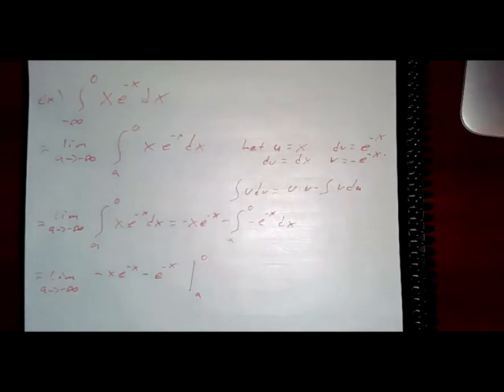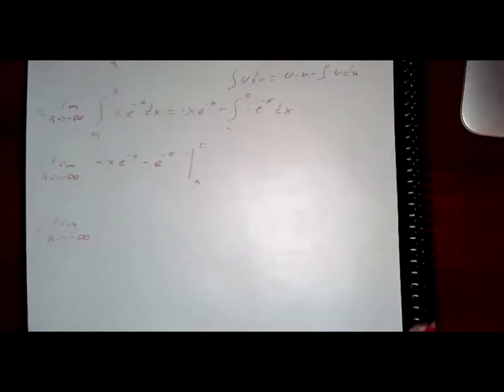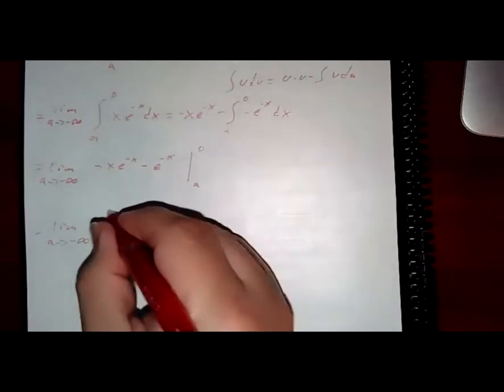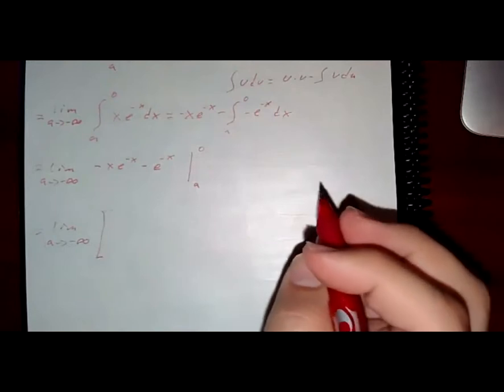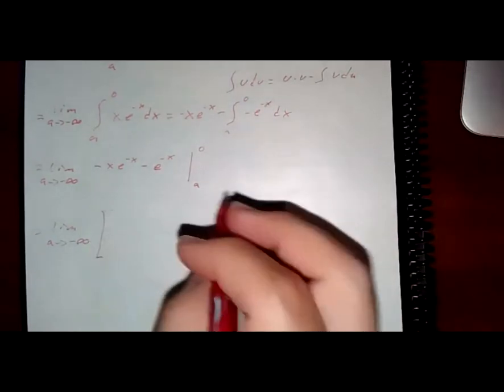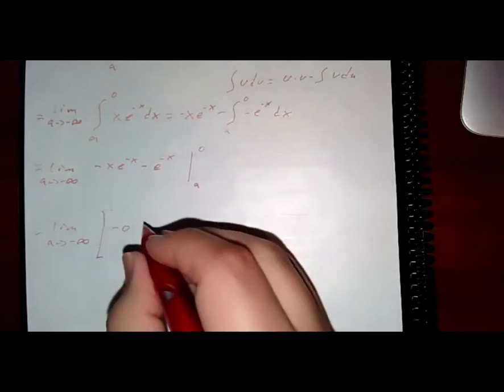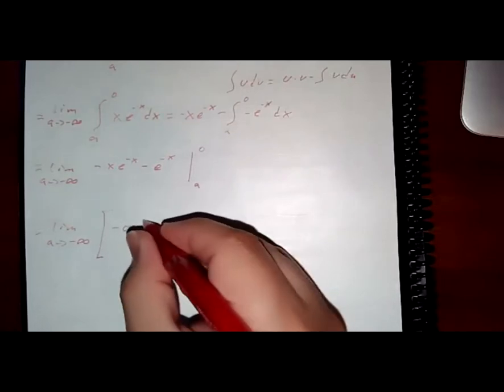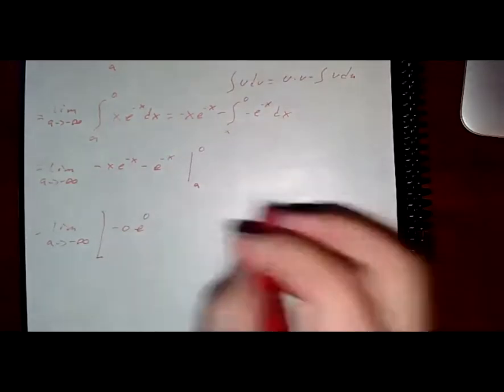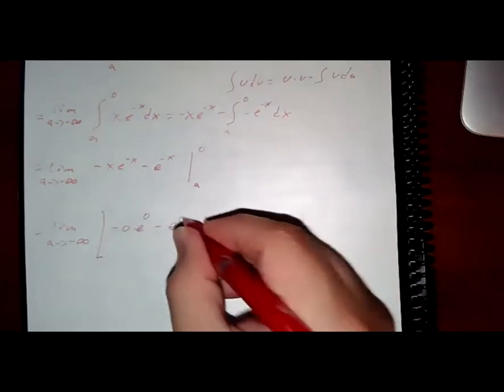Which will be the limit as a approaches negative infinity of 0 times e to the negative 0, which is just 0, minus e to the 0.